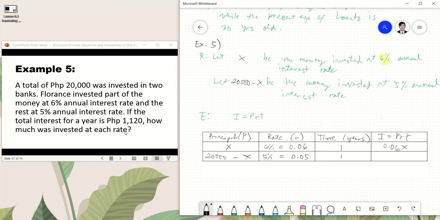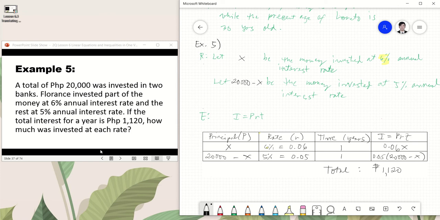Dito naman, 1 lang naman ito. So, 0.05 must be multiplied to 20,000 minus x. Then, don't forget that the total interest of both should be 1,120.